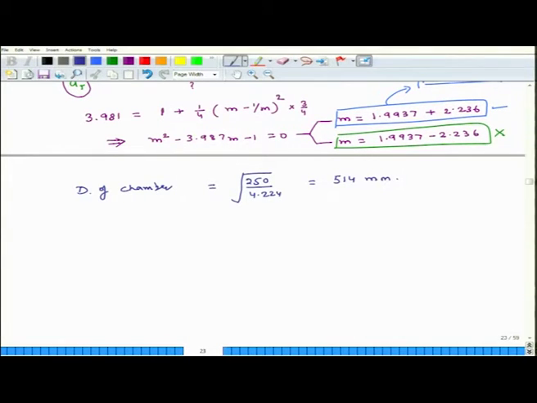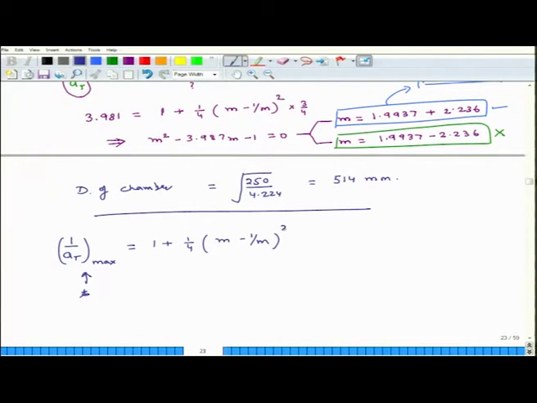514 millimeters, and for this value of d, my 80 max, and this will happen at the midpoint frequency. So, what is the value of the maximum transmission coefficient? This will be equal to 1 plus 1 by 4 m minus 1 by m whole square, and that is equal to 4.975.